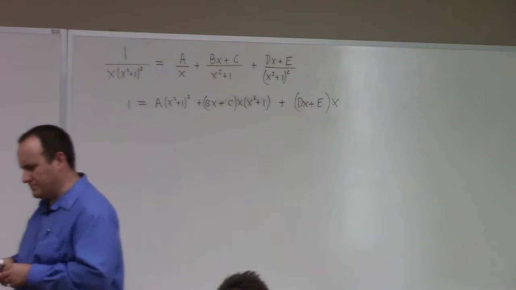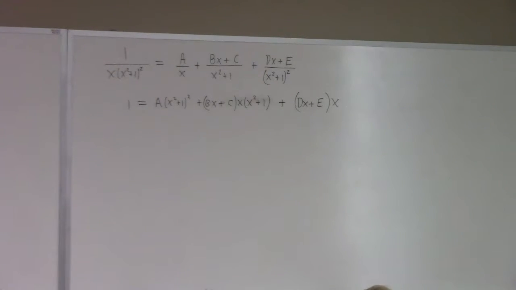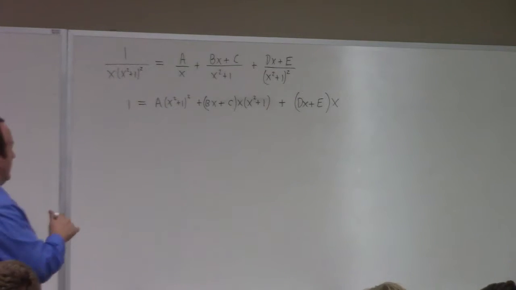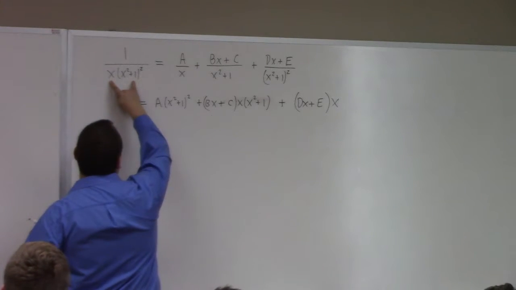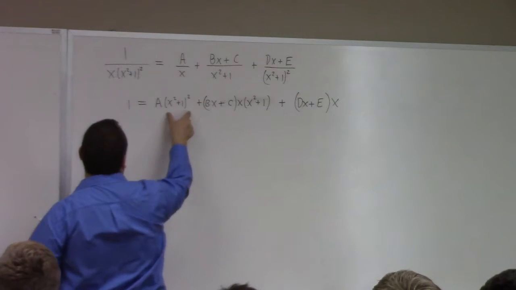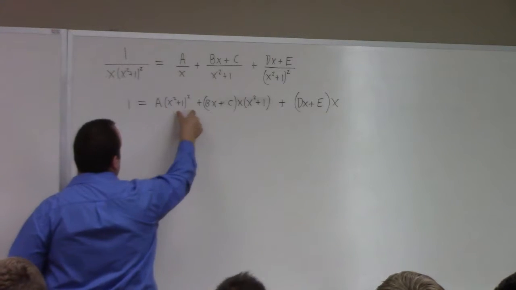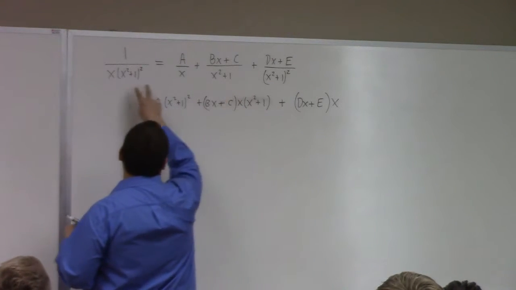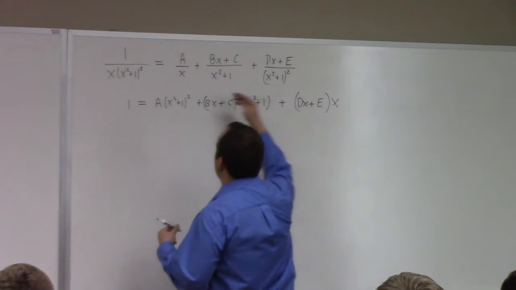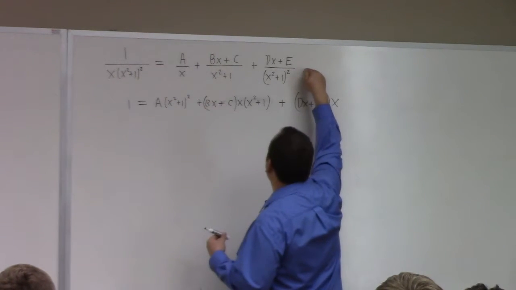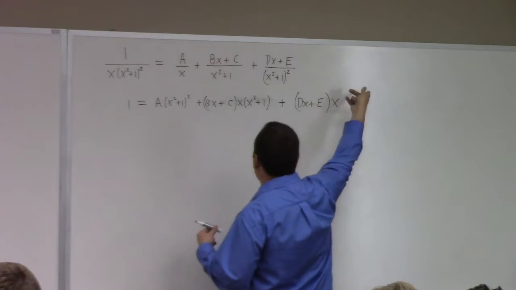Because everything that's in the denominator cancels when you multiply through, but what's left over is everything that's not in the denominator. So you multiply by x times (x squared plus 1) squared times this, the x cancels, but it's left with this. One of the (x squared plus 1)'s cancels, but we're left with an x and an x squared plus 1. Over here, when you cross multiply, you're only left with the x. Does that make sense?